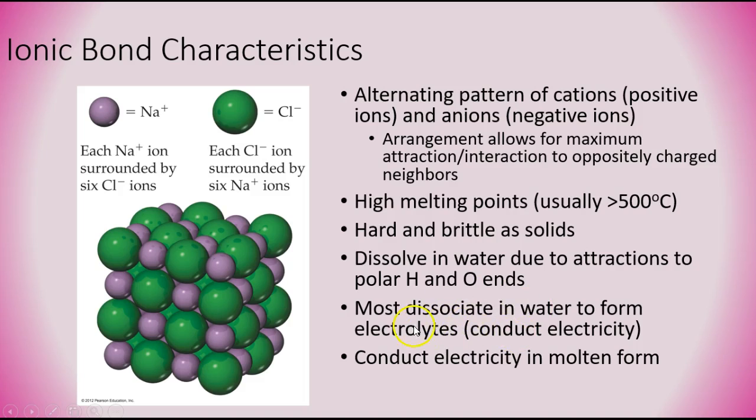When dissolved, they conduct electricity because the ions are separated, and likewise in the molten form. Molten just refers to melted, but at super high temperatures, that's why we call it molten and not just a liquid.